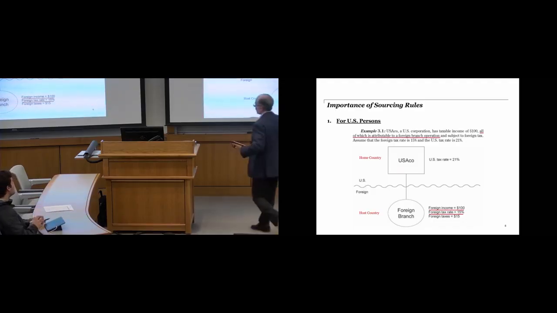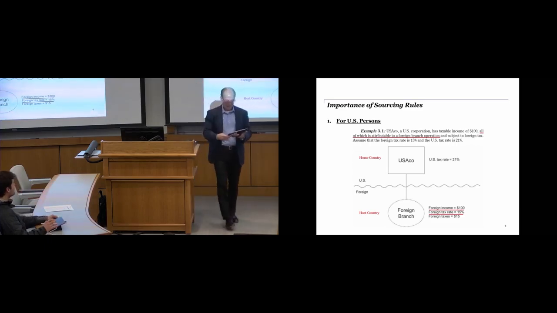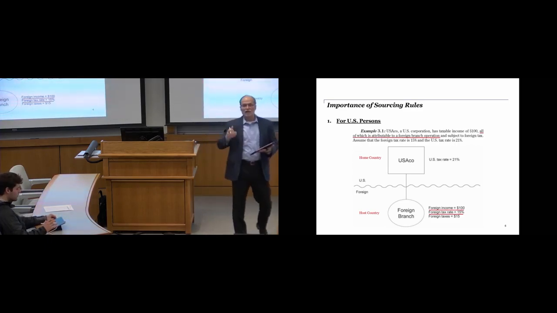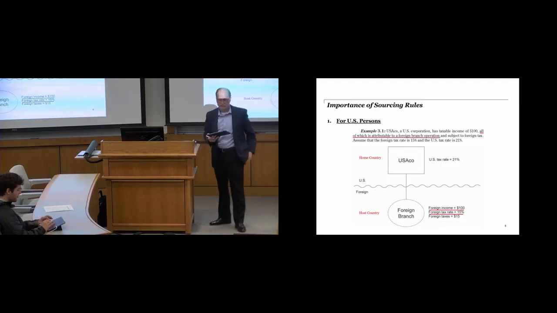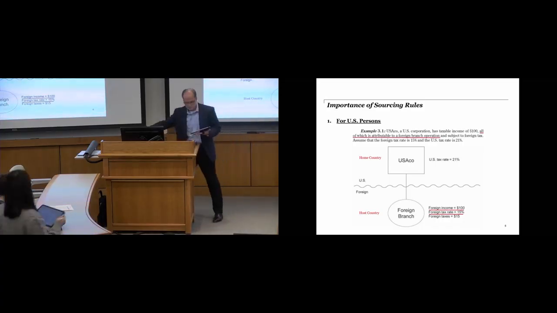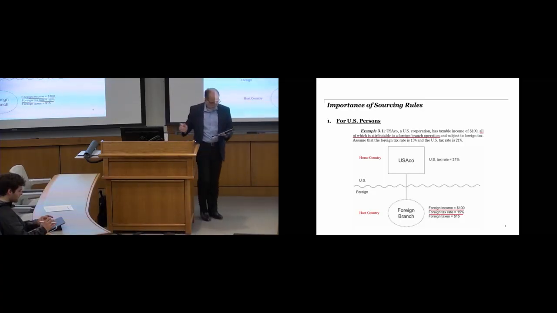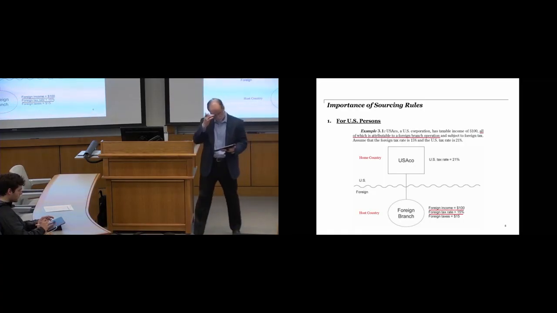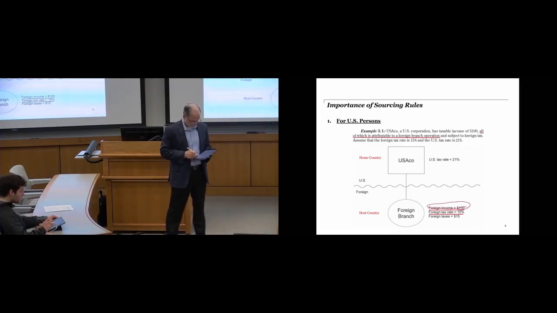This is EFAN. Walk us through the facts and do case 1. In case 1, the company earned $100 of foreign source income, and the first thing that happens is a foreign country tax.